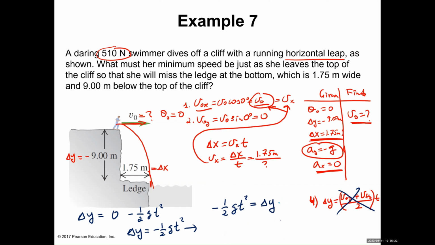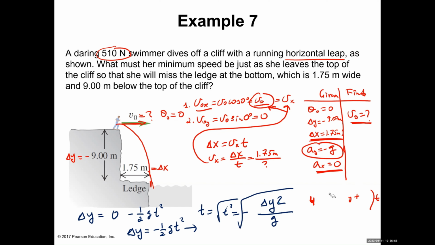I switch the sides, multiply both sides by 2, divide both sides by g, and also move the negative to the other side. I end up with t squared equals 2 times delta y over g. And obviously I take the square root of both sides, and then I can go ahead and calculate.